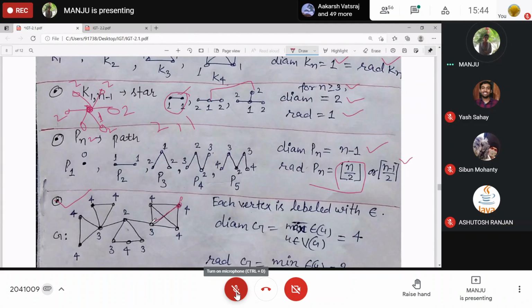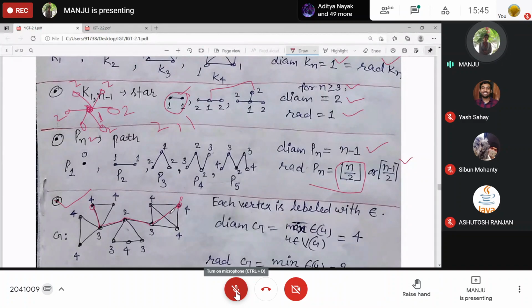You have a direct path from here to here. No need to come to this one, right? You need the smallest path length. No need to go via this, right? You can directly lead to this vertex or directly lead to this vertex, or directly lead to this.